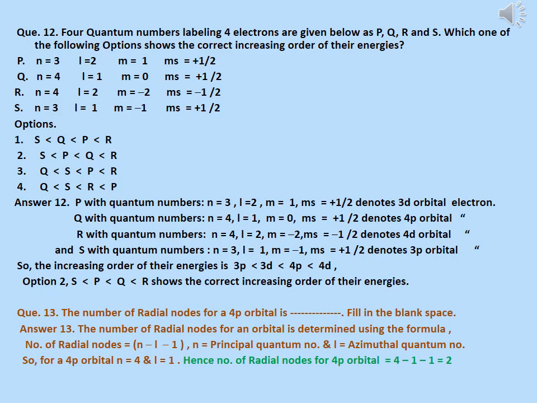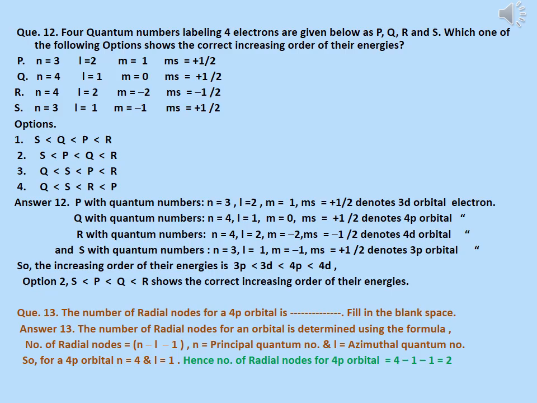So let's go to each one of those. Electron P with quantum numbers n equal to 3, L equal to 2, M equal to 1, and MS is plus half. Wherever L is equal to 2, it denotes a d orbital with principal quantum number 3.